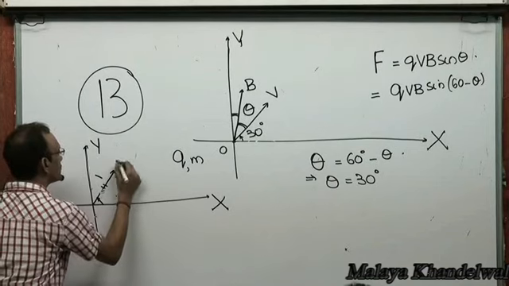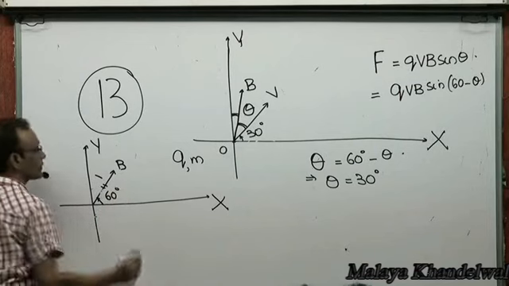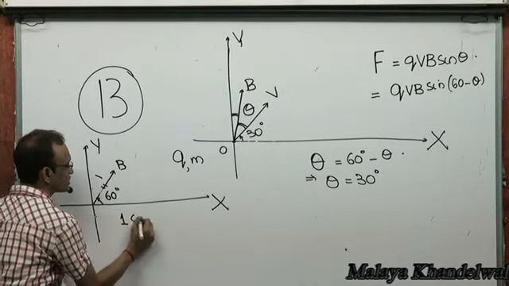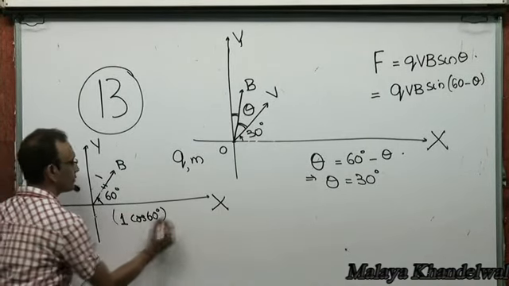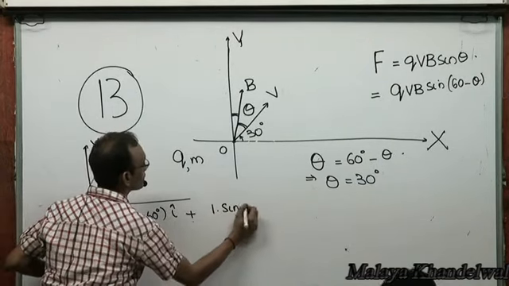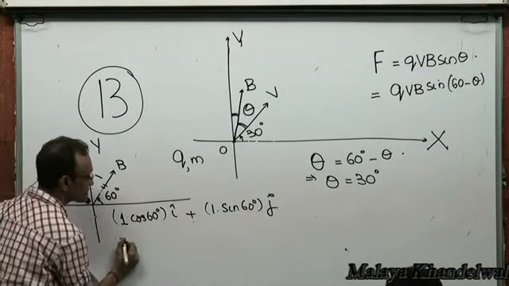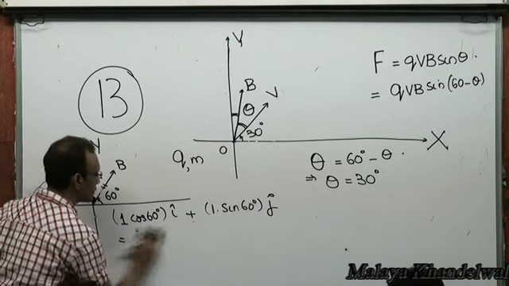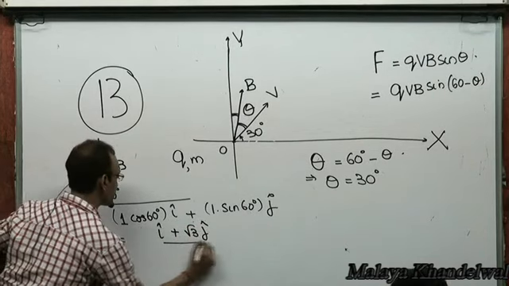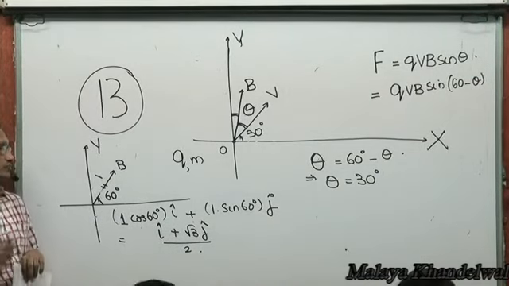The B lines will make 60 degrees, right? So this is like 1 cos 60 degrees i cap plus 1 sin 60 degrees j cap. Isn't it? It's x and y components. That's this vector of 1 unit magnitude, which is i cap plus root 3 j cap by 2. That's the unit vector in the direction of B.